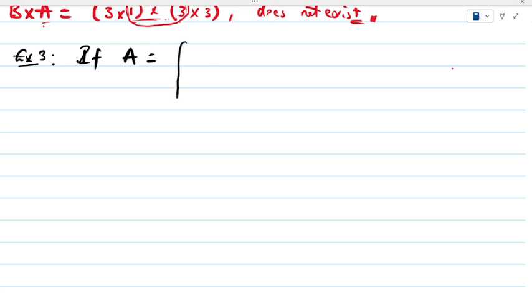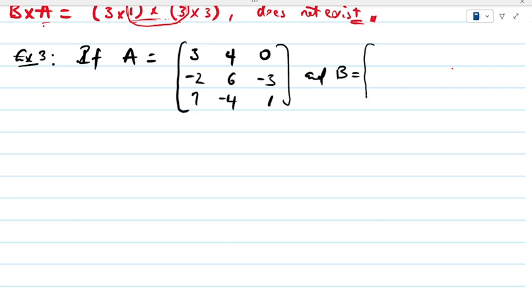So if A equals 3, 4, 0, minus 2, 6, minus 3, and then 7, minus 4, 1, and matrix B is given as 2, minus 5, 5, minus 6, and minus 1, minus 7. Find A times B.